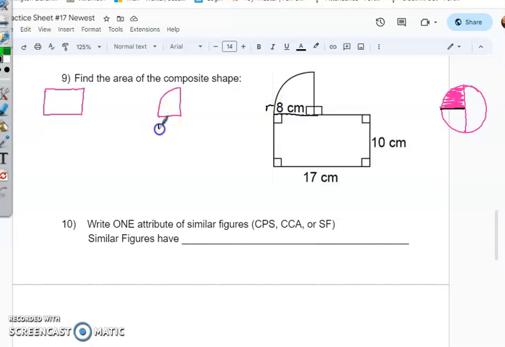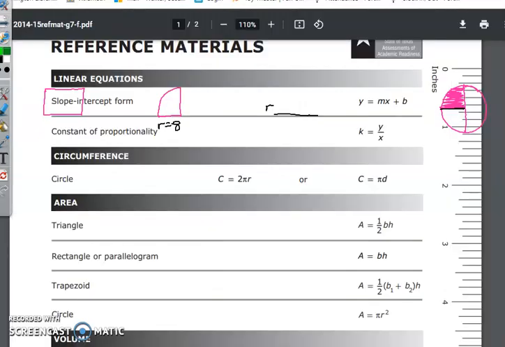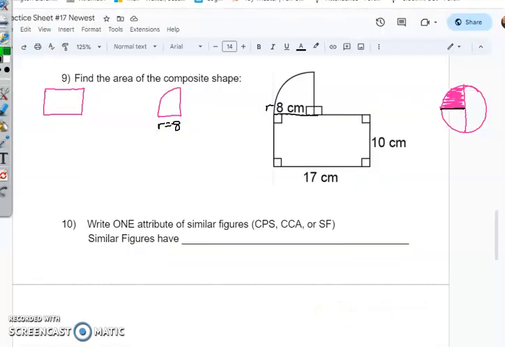So I'm going to put that R equals 8. Then I'm going to go to my formula chart and find my formula for area. A equals pi r squared. So our formula was A equals pi r squared.